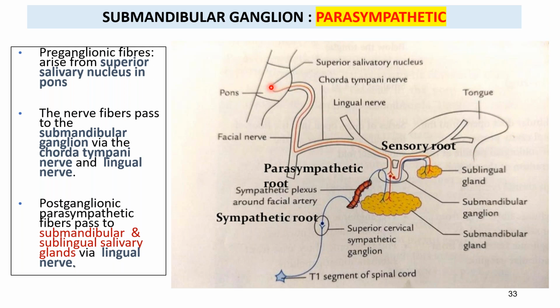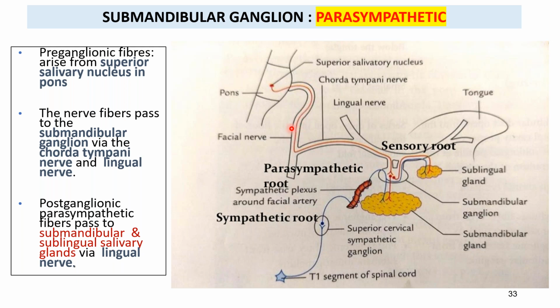And you can see that this is the level of the pons. So from the level of the pons, there is a nucleus which is the superior salivatory nucleus. From the superior salivatory nucleus, the preganglionic fibers of the parasympathetic root arise. This is the fiber which is carried into the facial nerve.